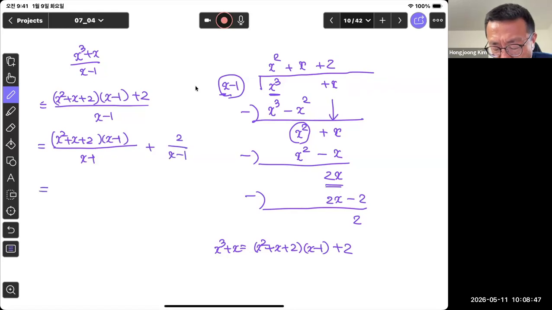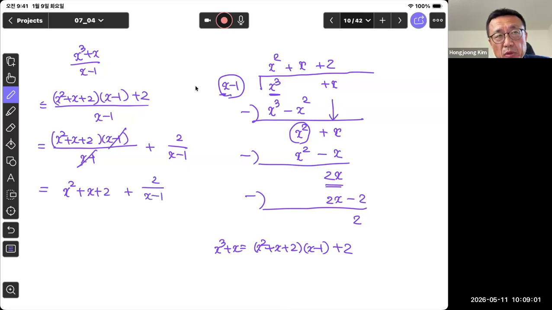And from the first term, x minus 1 can be cancelled, and you get a polynomial x squared plus x plus 2 plus a proper rational function 2 over x minus 1.